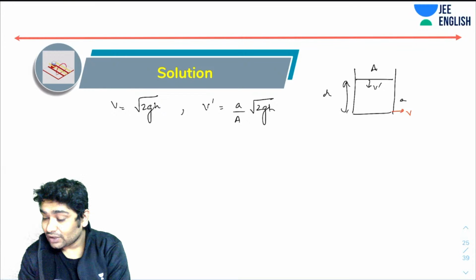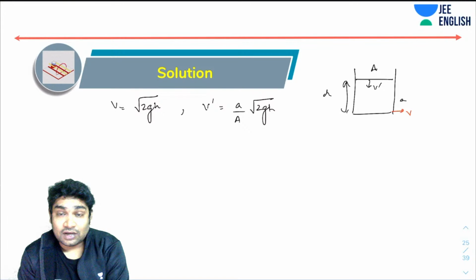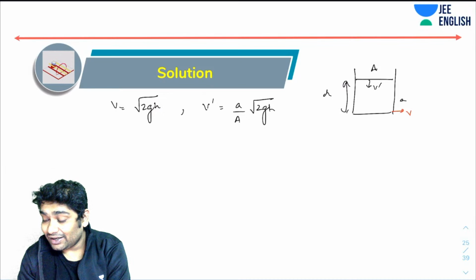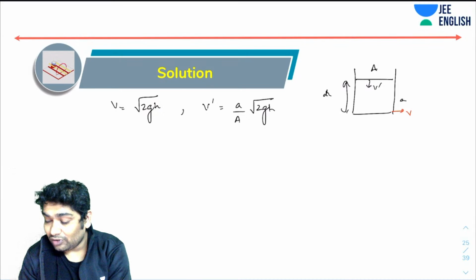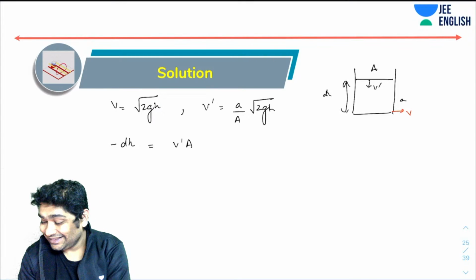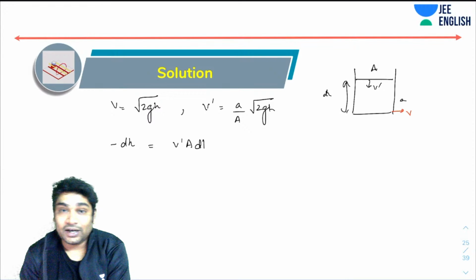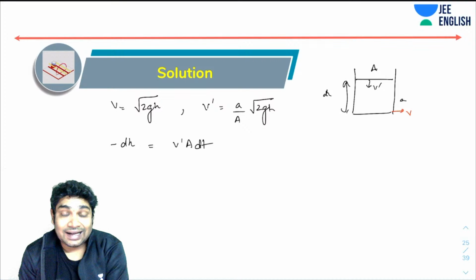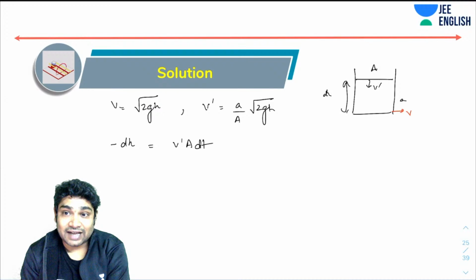So what I can now say is that as this liquid decreases, the height decreases, and the amount of height that will decrease, minus dh, times capital A would be equal to v dash times dt. In a small time dt, this is how much volume will flow out, and this is the amount by which the height of the liquid column will decrease.